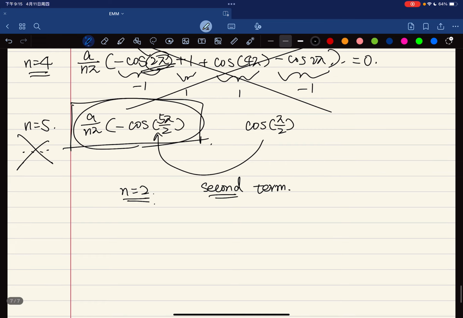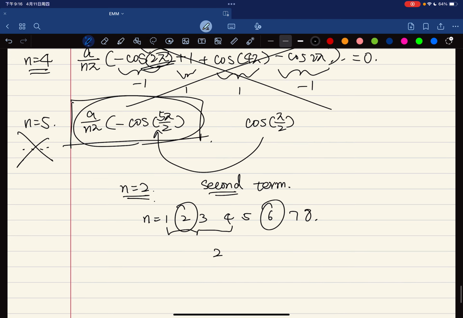You know, we have infinite things like n equals 1, 2, 3, 4, 5, 6, 7, 8, and 4 of them are in one group, and only the second term of the group will give us the answer. So you'll find that it's the second term, sixth term, the 10th term, and the 14th term, like that.